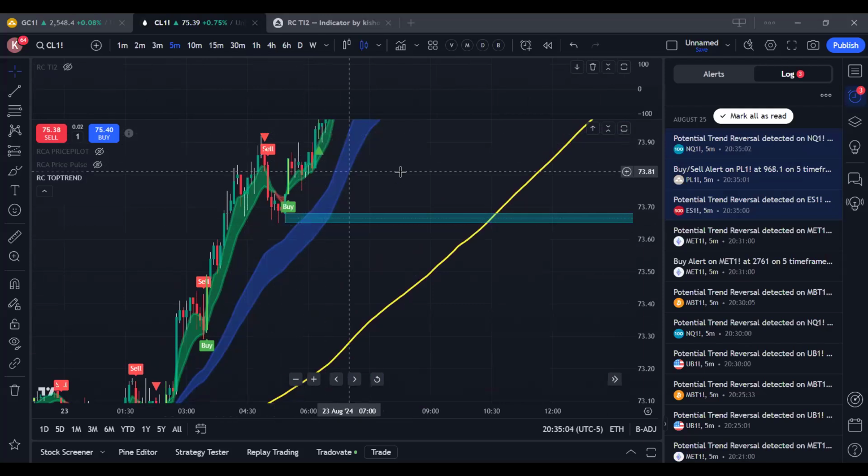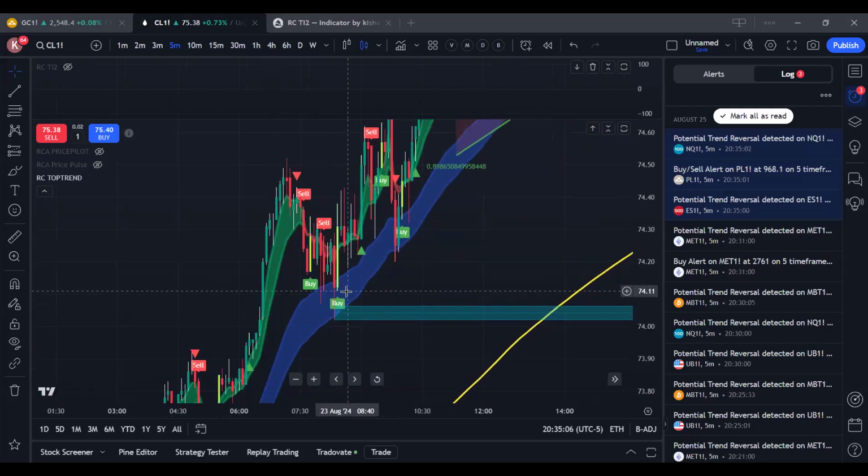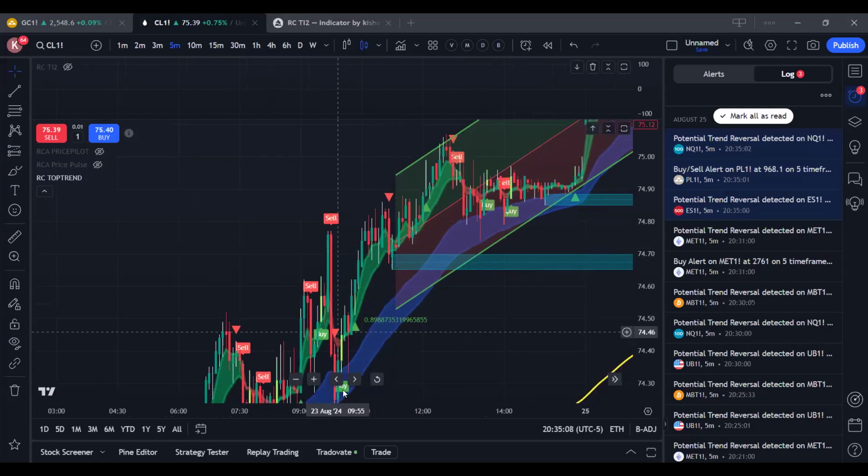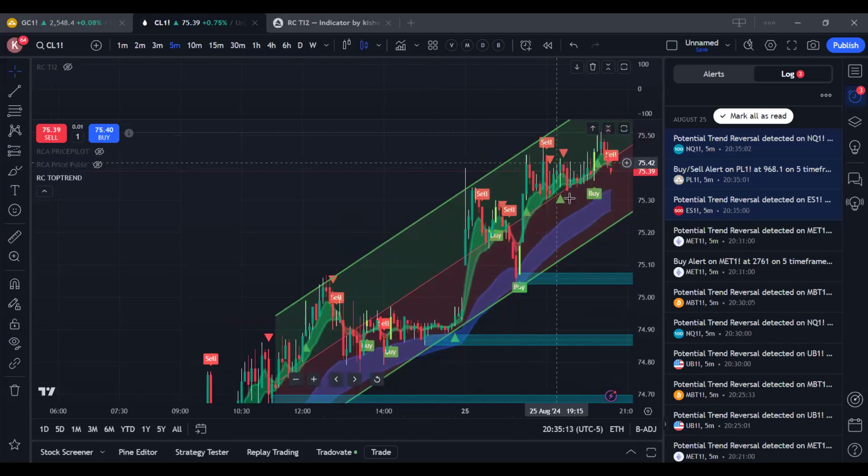Price touched it, went up. Price touched the swing cloud, went up. Again, price touched the swing cloud, went up. Touched it, went up.